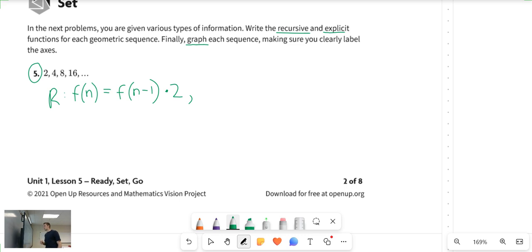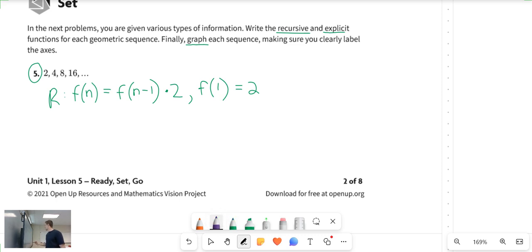We should also note our first step. We'll say it's our first number, so f of 1 is 2. That gives us enough information to figure out everything in the function.